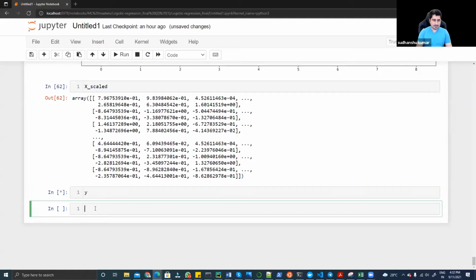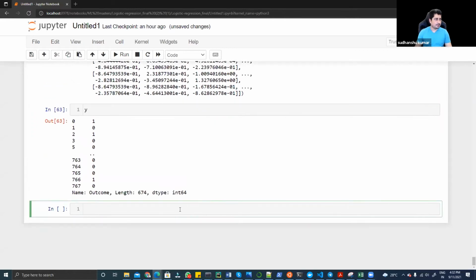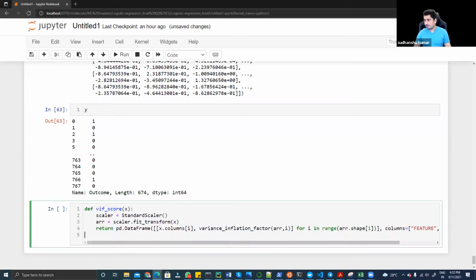And we have a separate y data set already. Okay. Now we have to find out basically VIF. I think in the last class we have already written code. So is anyone aware of it? Okay, so Supreet has pinged me that code for finding out a VIF score.